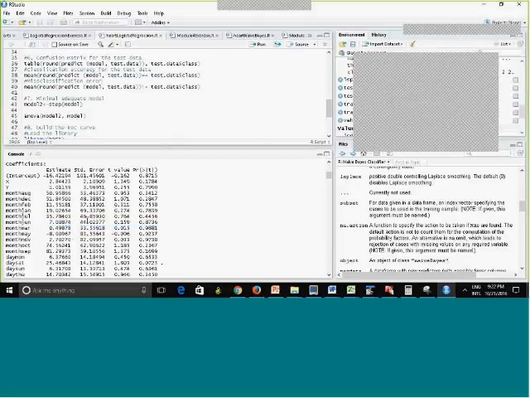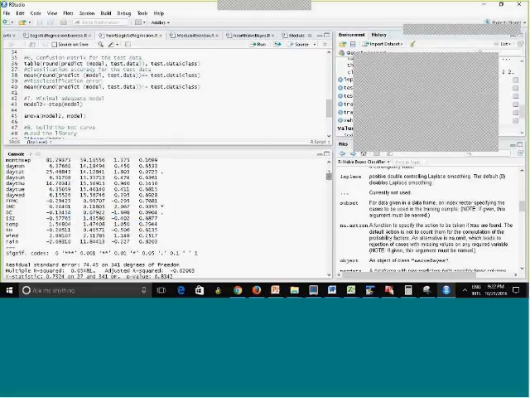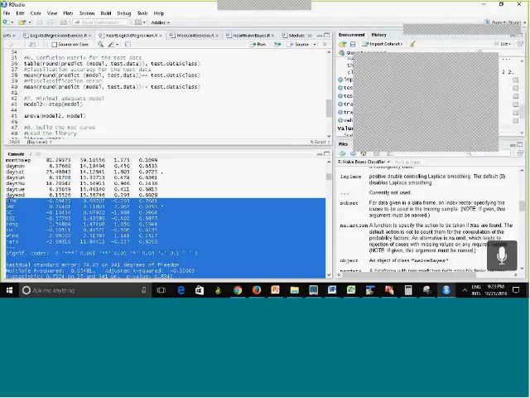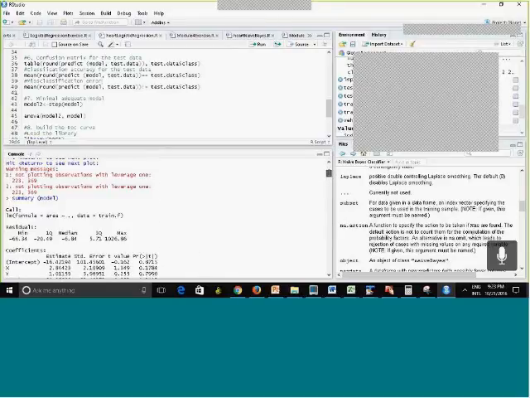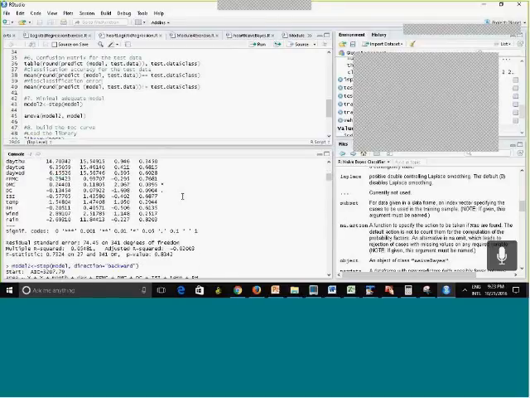Then I look at what my day is. If it's Sunday, I add this much. Then I look at the value of this variable right here, and that's multiplied by this coefficient, and so on. I just plug it in, that's all. So this is how you do it. Let's see what other questions we have.